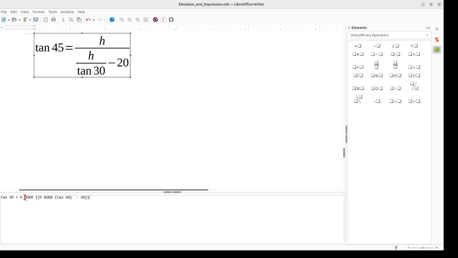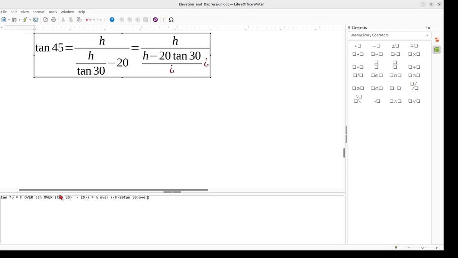Let's try to work on the denominator. So the denominator is going to be h on the numerator, and then it's over h minus 20 tan 30, and this should be over tan 30.